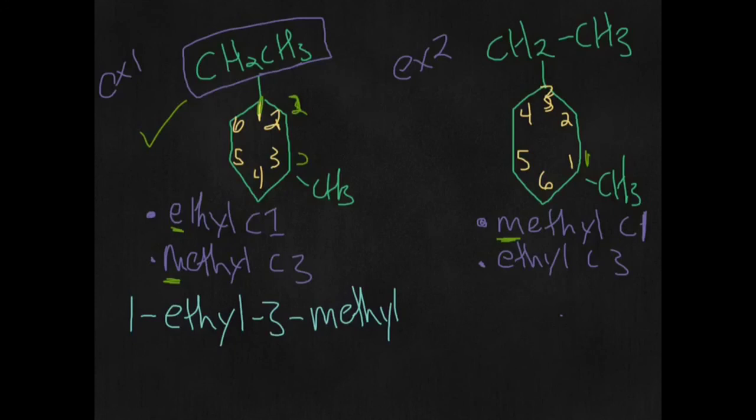We finish it off, because there are 6 sides in a circle, with cyclohexane. And for example 2, I'm not going to write it out because there's no point, because it's wrong. And just note that you need to go alphabetically.